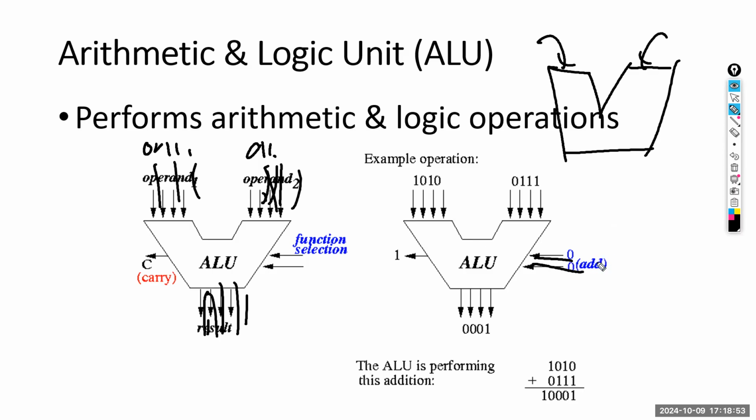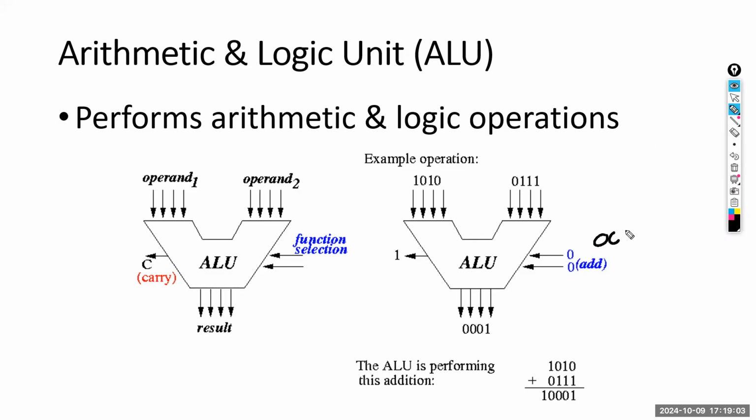Maybe 00 is add, 01 is subtract, 10 is multiply. So say your control signal is 00, which corresponds to add, and now your ALU's task is to add these two numbers. Later you will understand how to add numbers in binary.